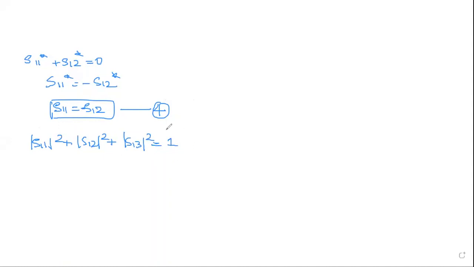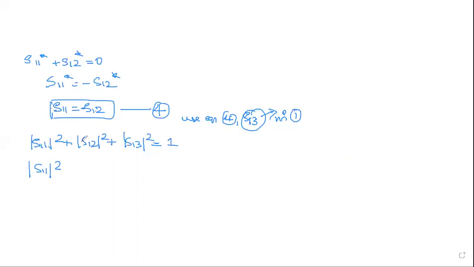Now we need to substitute for all these values, that is, use equation 4 and the equation for S13. Substitute these two equations in 1. So you know S11 will remain the same, because it is S11 square. Again, S12 square: S12 value is minus S11.